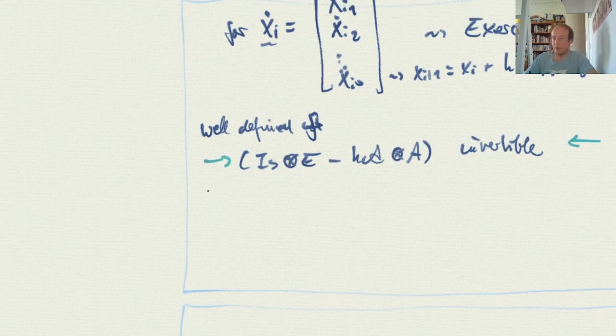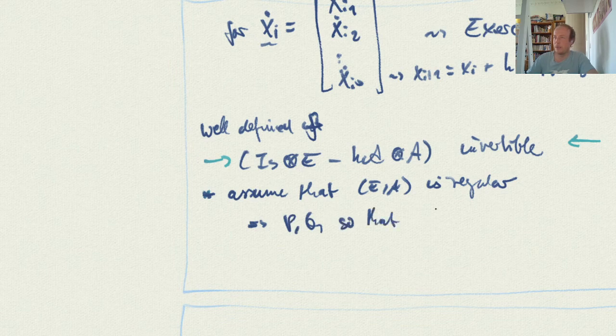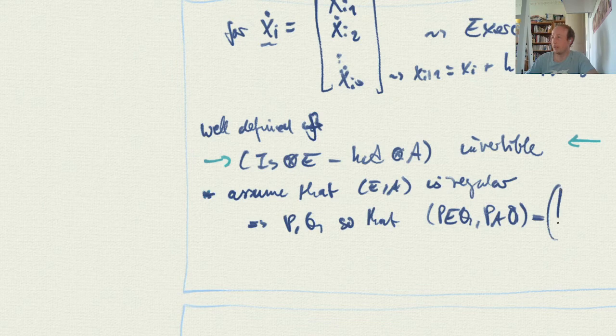And okay, so I hope I could convince you that it is reasonable to assume that (E, A) is regular. This means particularly there are P and Q so that PEQ, PAQ is in Jordan canonical and Kronecker canonical form, which is here the I, here's the N, and the J and identity.